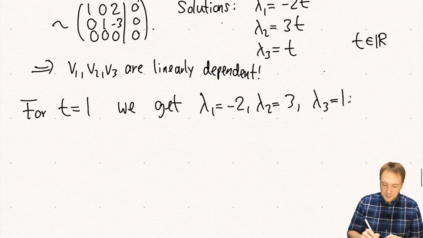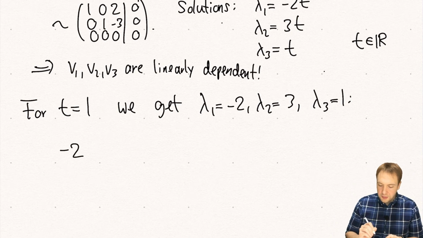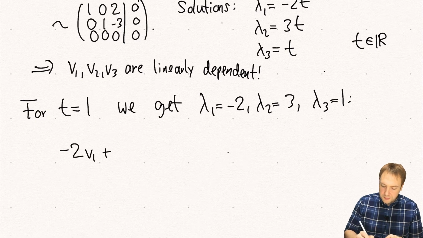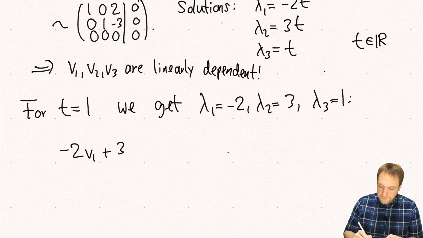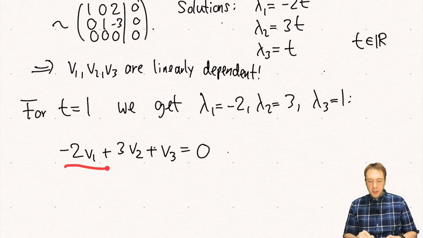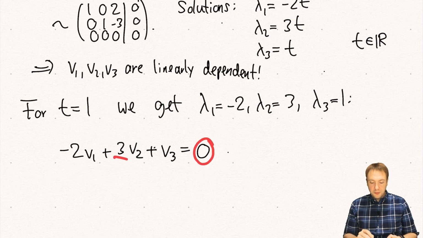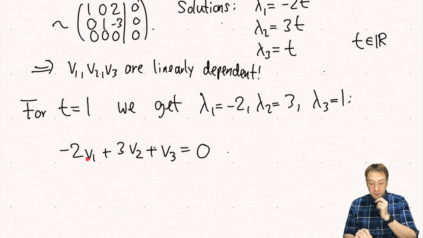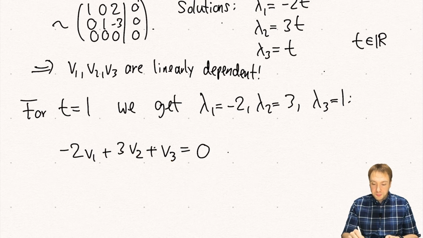So this means that minus 2 times v1 plus 3 times v2 plus 1 times v3 equals 0. So now we have a linear combination of these three vectors, which is 0, where these coefficients are not all 0, and therefore these vectors are linearly dependent.